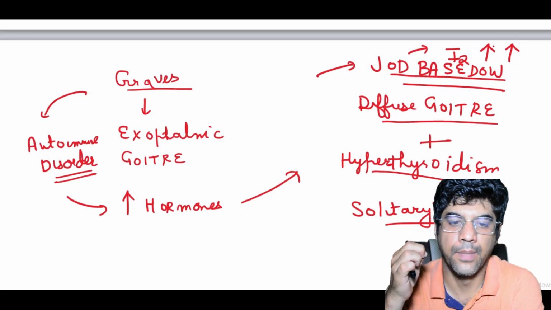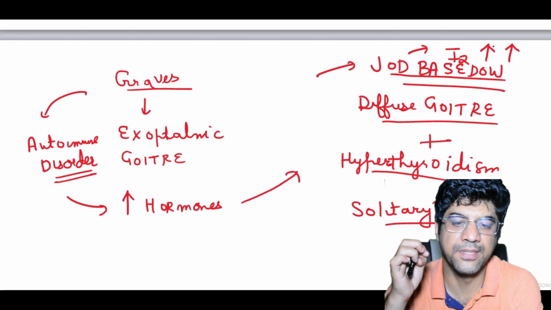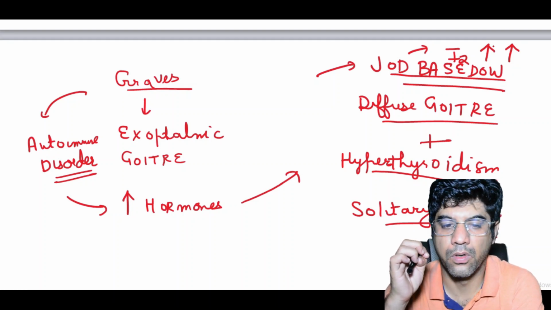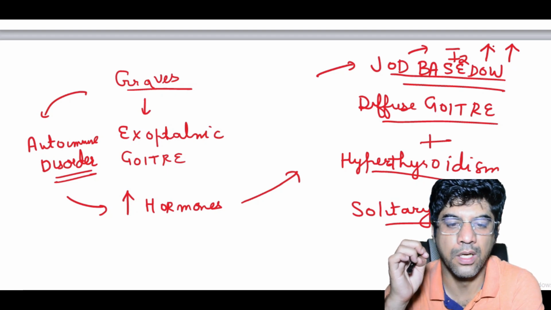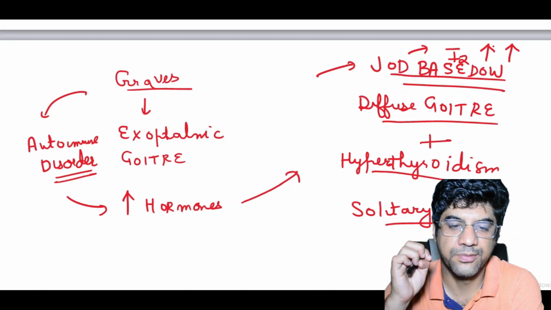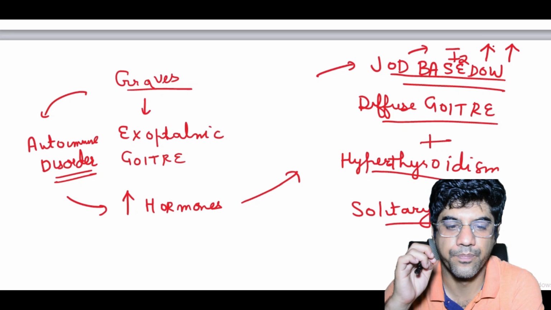Other causes could be malignant goiter or neonatal thyrotoxicosis that occurs in babies born to mothers with thyrotoxicosis, due to the transplacental transfer of thyroid stimulating antibodies.